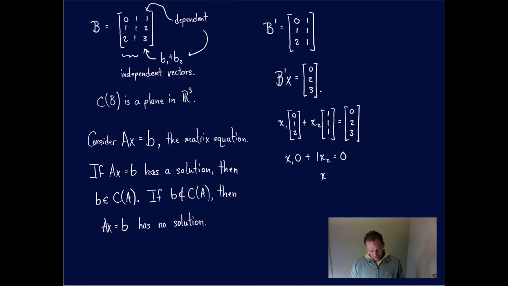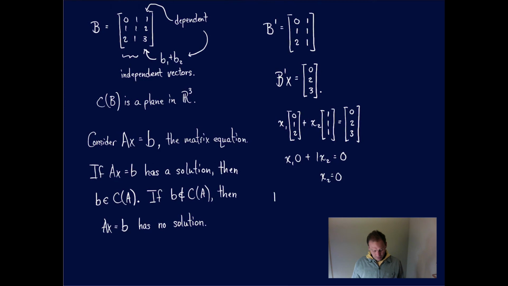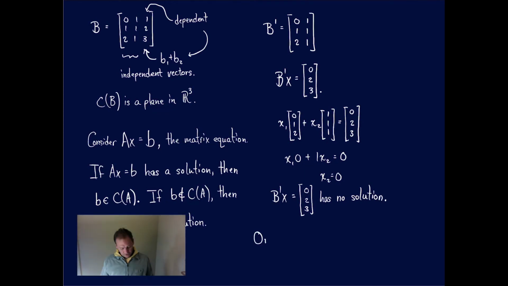Well, then this just means that x2 has to be 0. But if x2 is 0, then there's no way that we can solve this problem for the rest of these. So that's why that doesn't work. In other words, we would say that B prime x equals 0, 2, 3 has no solution. Or likewise, you could say that the vector 0, 2, 3 is not in the column space of B prime.